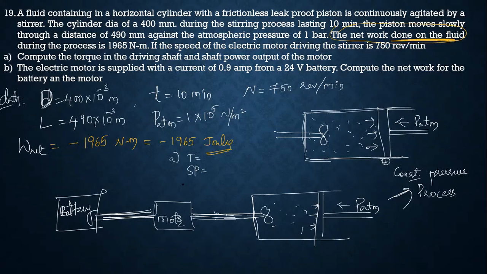Next, compute the net work of the battery and also the work of the motor. These are the two tasks for us. Let us calculate one by one: one is torque, and another one is shaft power.